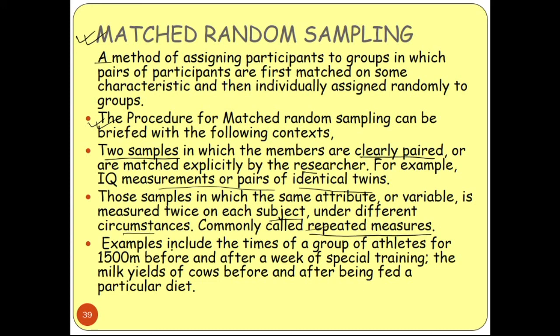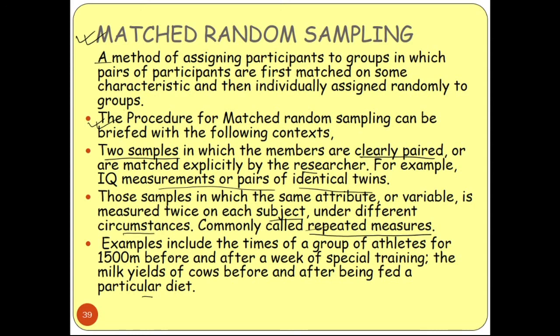So this is the example. Here the examples include the times of a group of athletes for 1500 meters before and after a week of special training, and the milk yields of cows before and after being fed a particular diet. So that means we are selecting a group, before training and after training.